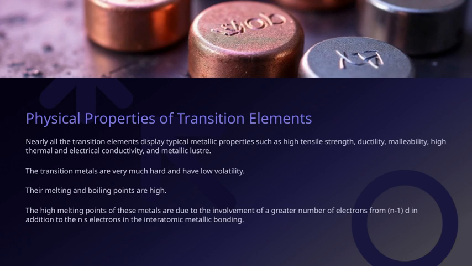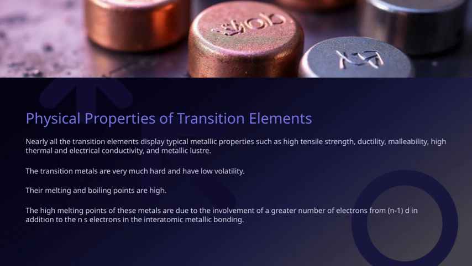Nearly all transition elements display typical metallic properties. They have high tensile strength, making them resistant to breaking under tension. They are ductile and malleable, so they can be drawn into wires or hammered into sheets without breaking. Additionally, they exhibit high thermal and electrical conductivity, which makes them useful in electrical applications.